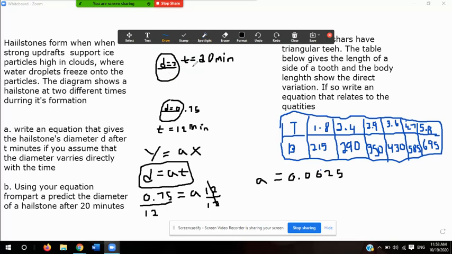So what you're going to do now is say d, which is what I'm going to look for, equals A, which is 0.0625, and you're going to multiply it by the time, which is 20.